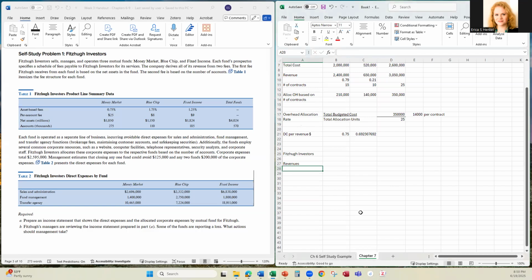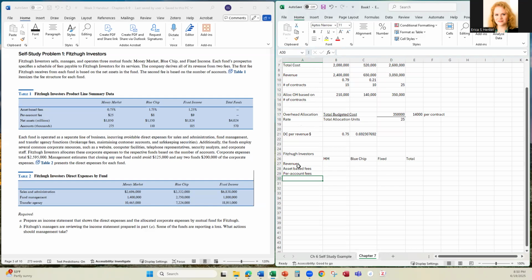And they ask us to put together an income statement here to show the expenses and allocated other overhead. Because this is an income statement, I'm going to include a column for each of these. I'm going to put MM for money market. Okay, and then in terms of revenues, they've got the asset-based fees, per account fees.